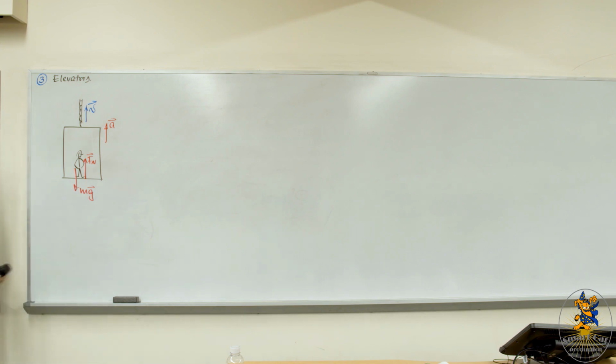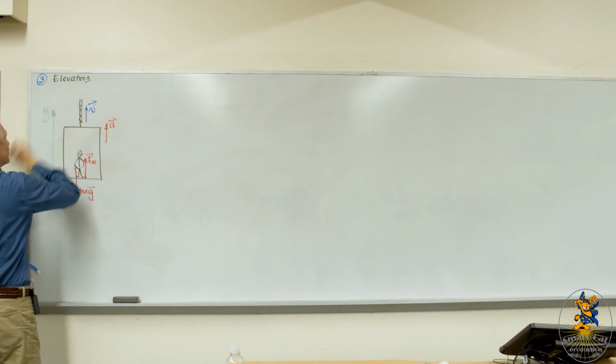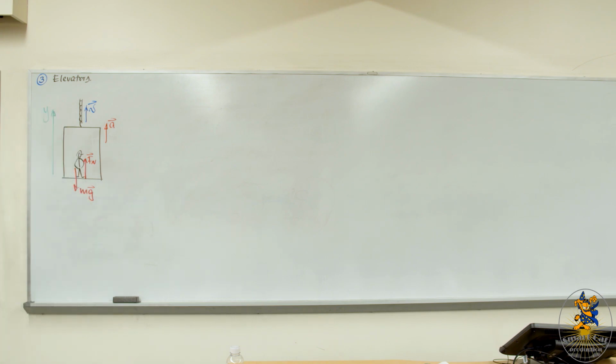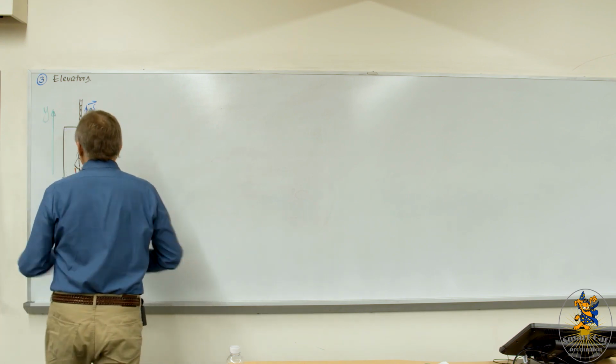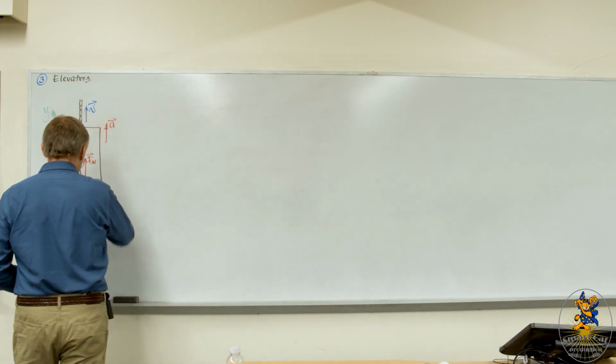But first, let me use this, y-axis upward. Why did I pick y upward? Acceleration. I don't want to have my acceleration to be negative. Again, there's nothing wrong with being negative, but I don't like minuses, and I'm sure that you have the same sentiment. Right? So now, free body diagram is complete, and of course we can write down Newton's second law.